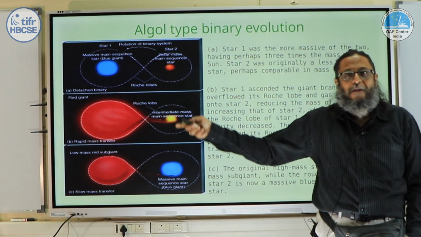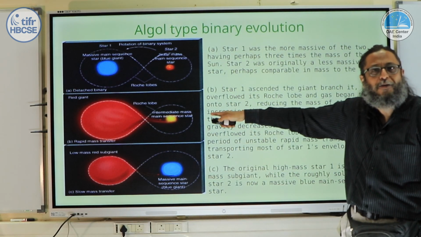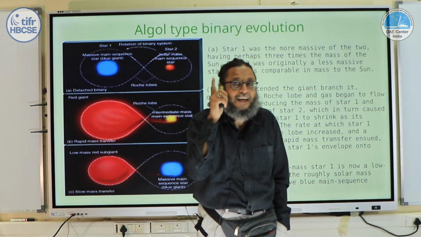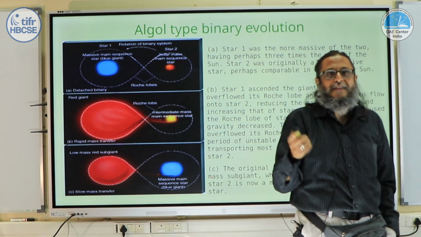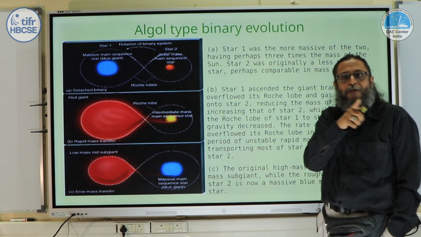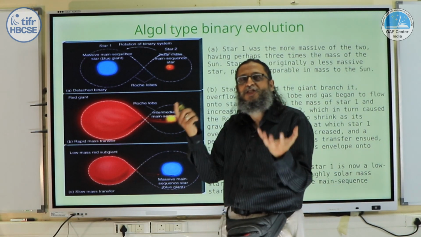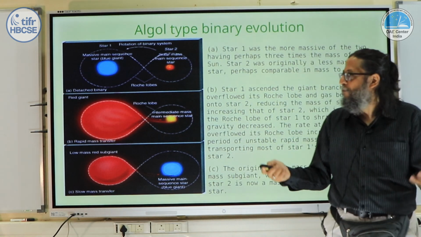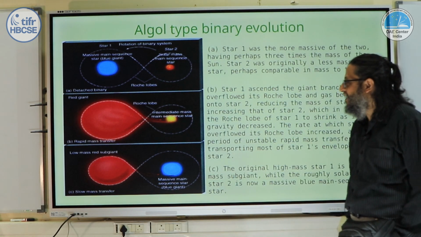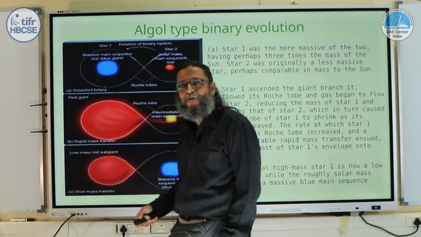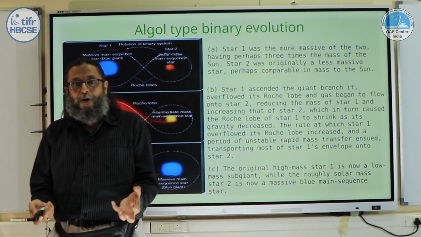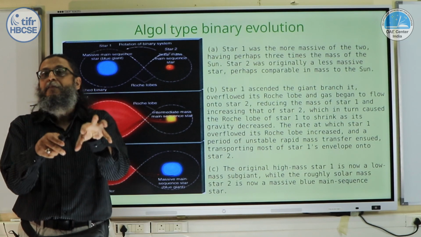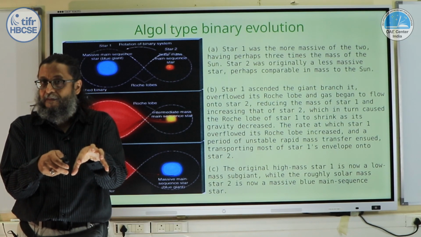And that is how the whole explanation of the light curve of the eclipsing binary of Algol is explained. That the mass transfer between the stars during its course of evolution has changed its spectral classification. Okay, so this is an excellent example of how mass transfer can happen in a semi-detached binary system.